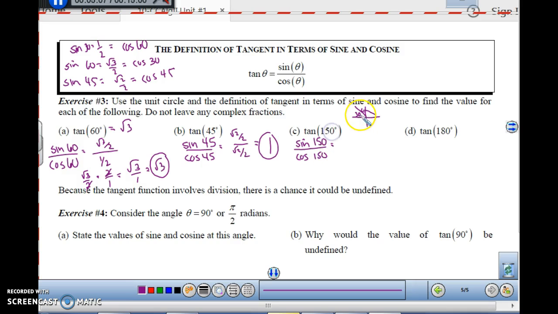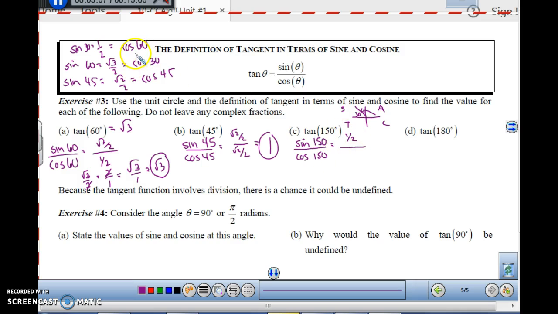Now, using the reference angle of 30 degrees, in the second quadrant, is sine positive or sine negative? Well, remember A, S, T, C. Sine is positive, which means cosine is negative. So the sine of 150 is equivalent to the positive sine of 30, which is 1/2.